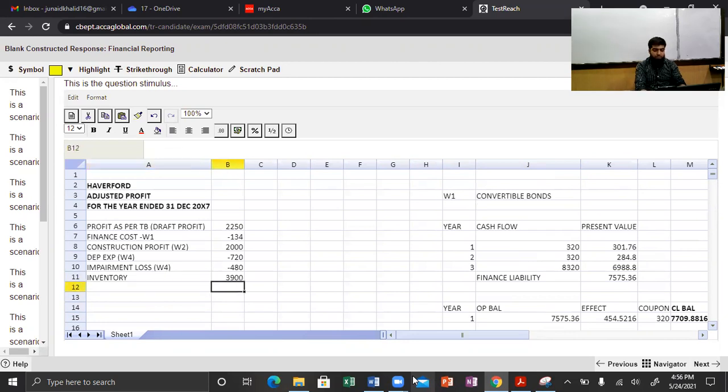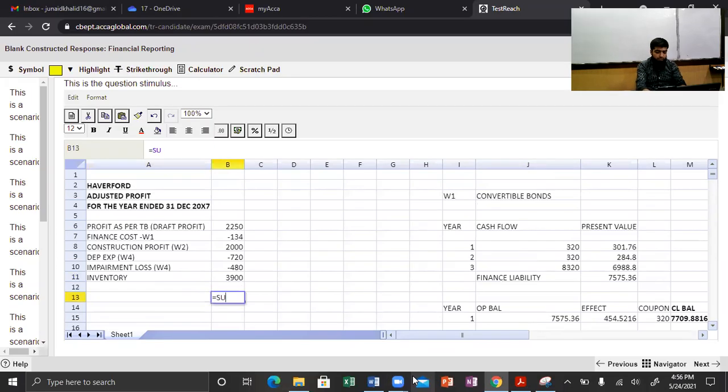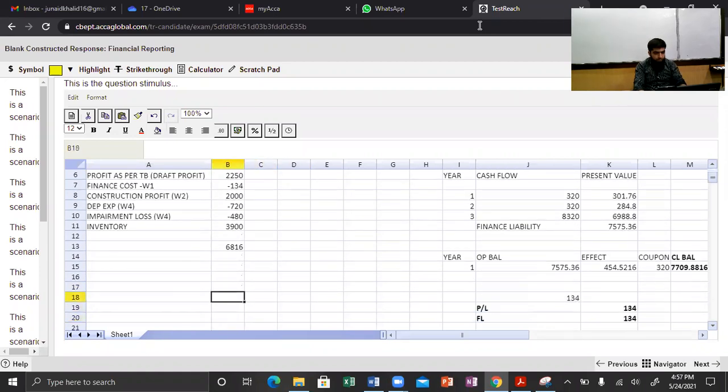So these were the adjustments which were required. Let's have a total. Is there any other adjustment? No, no further adjustments. That is the sum, 6816. Oh, wait, I think there's an error.